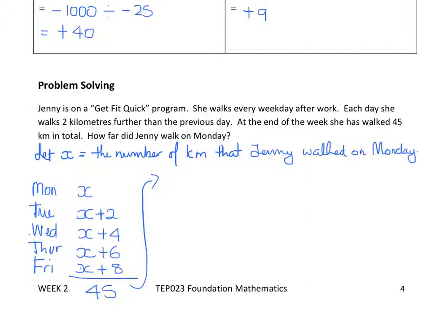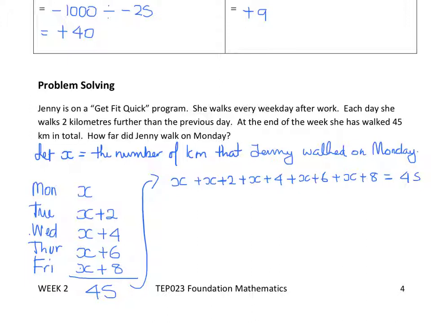We know that X kilometres on Monday plus X plus 2 on Tuesday plus X plus 4 on Wednesday plus X plus 6 on Thursday and Friday, it's got to add up to 45.